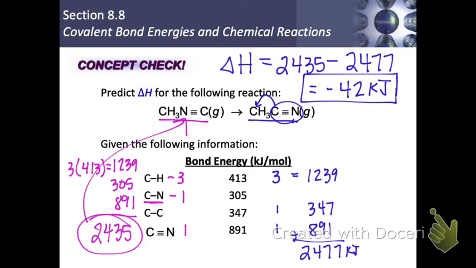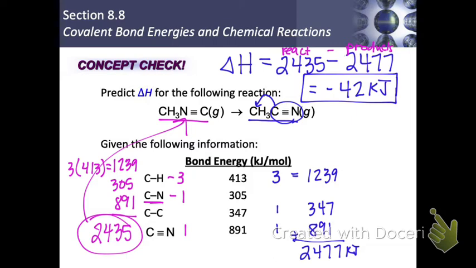Delta H is always going to be reactants minus products. This will tell us if our overall reaction is endothermic or exothermic. In this case, is our reaction endothermic or exothermic? It's exo, because heat's flowing out of our system.